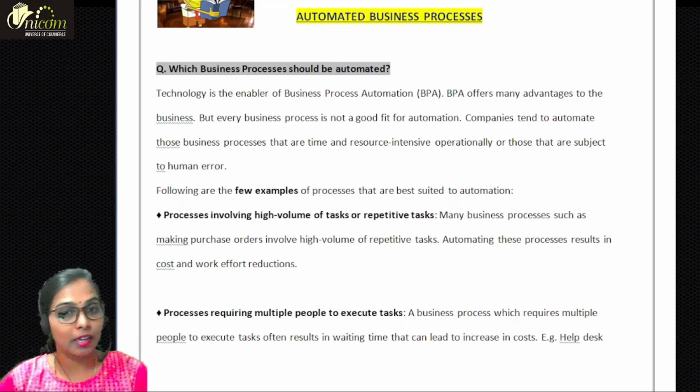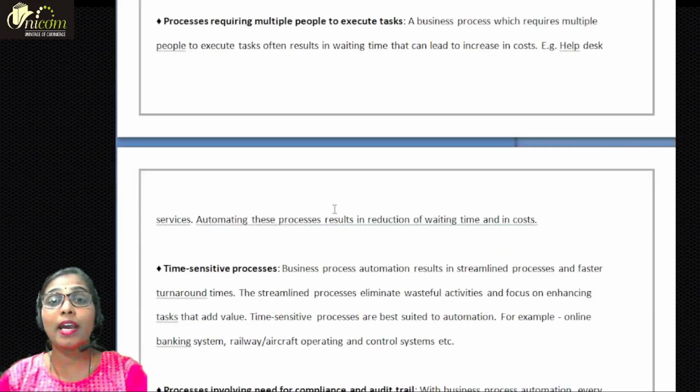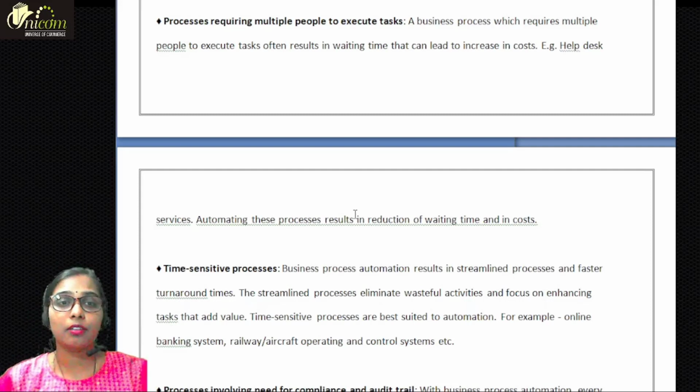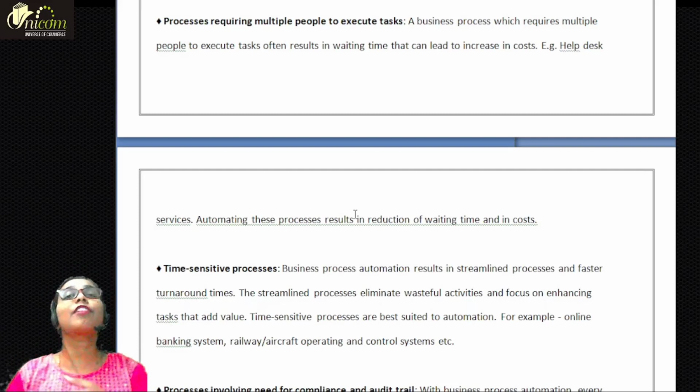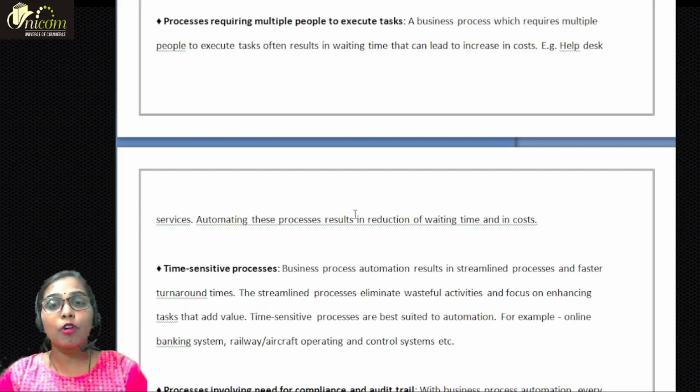Okay, fine. The next process where it can be done is when processes require many people to execute that particular work, and there are people waiting for that work to be done. For example, help desk services.